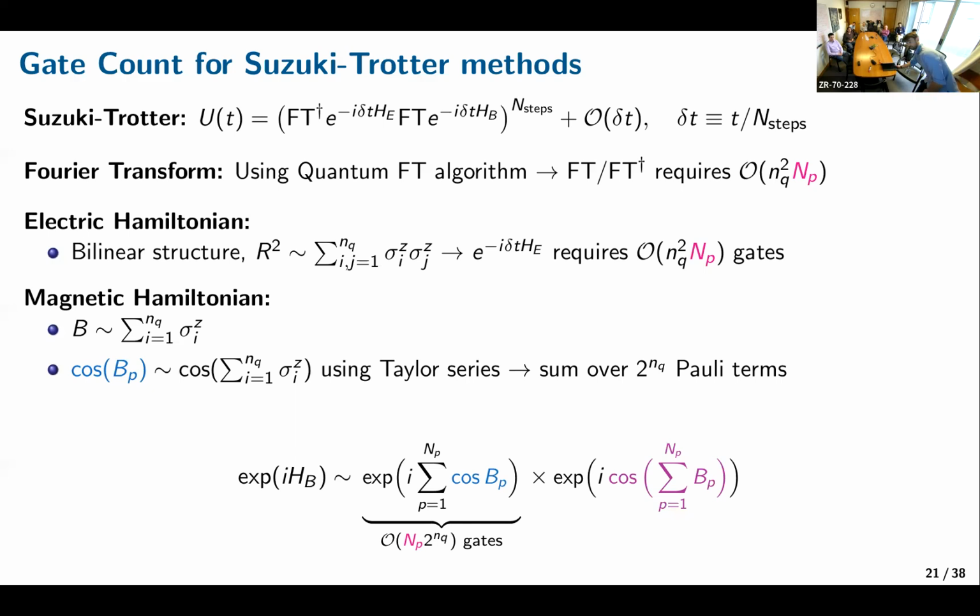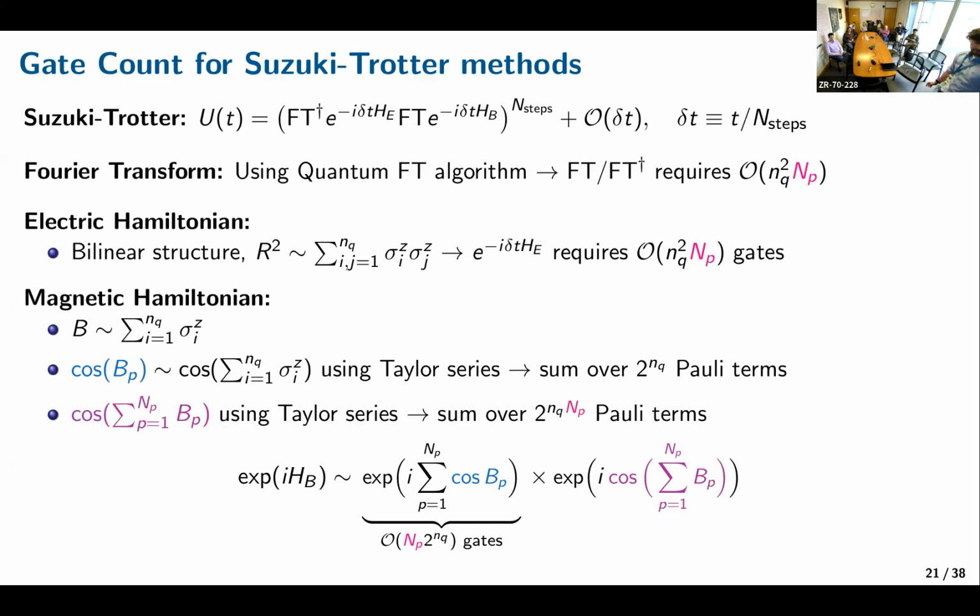Now if we look at this other term, the sum of all possible magnetic field operators on your lattice, you do the same thing, expand using a Taylor series, and you find the number of terms scales exponentially with the volume because it couples together every term on your lattice.